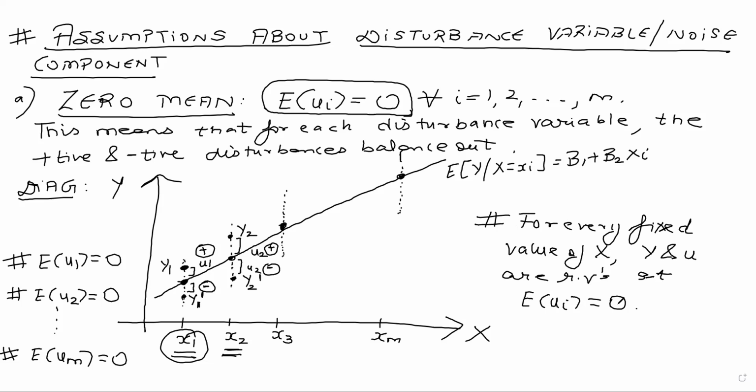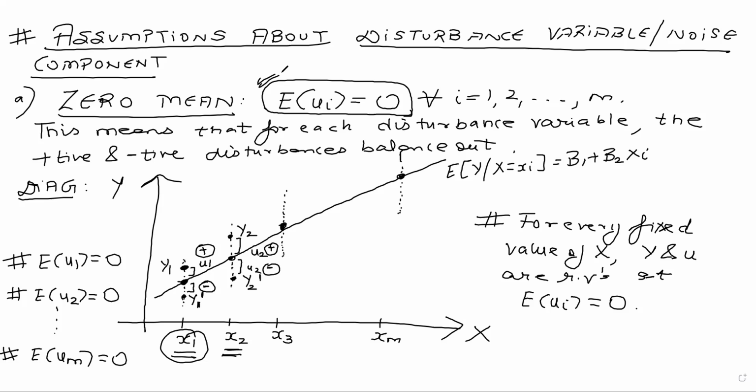That means for a fixed value of x, the error term will sometimes take positive values, sometimes negative values, such that on an average the positive values will cancel out with the negative values, giving us the expected value as 0. So I hope all students have understood the first assumption.